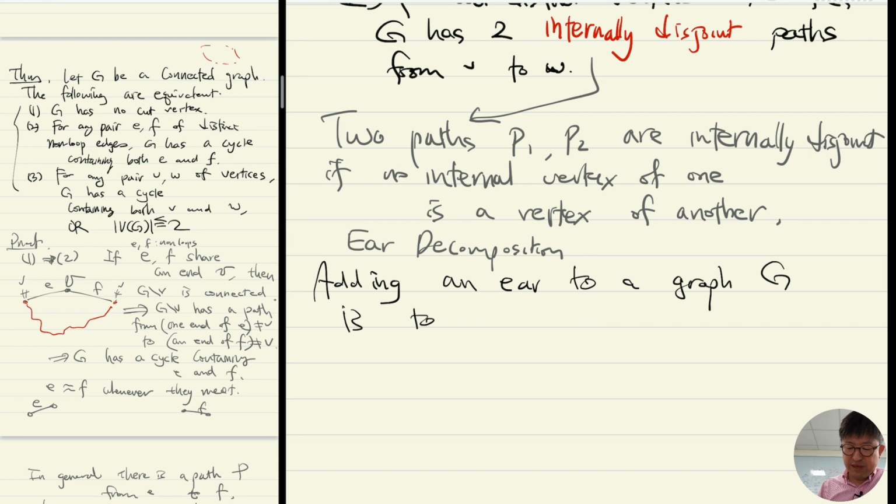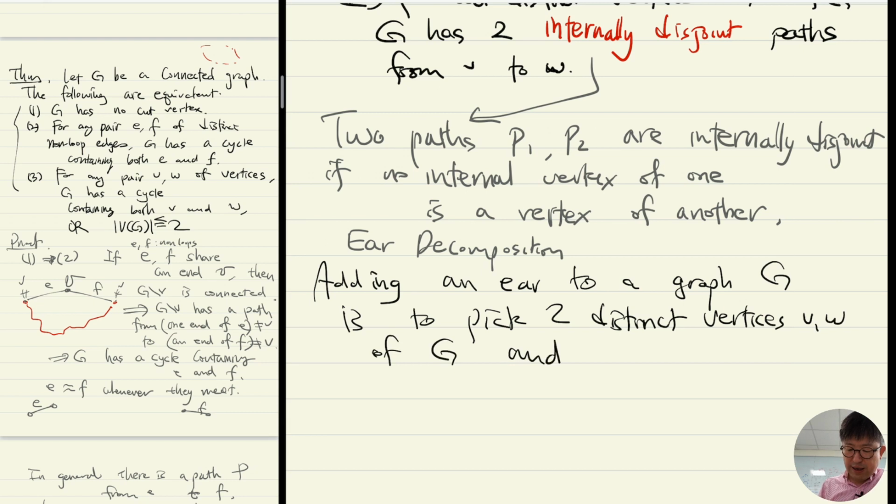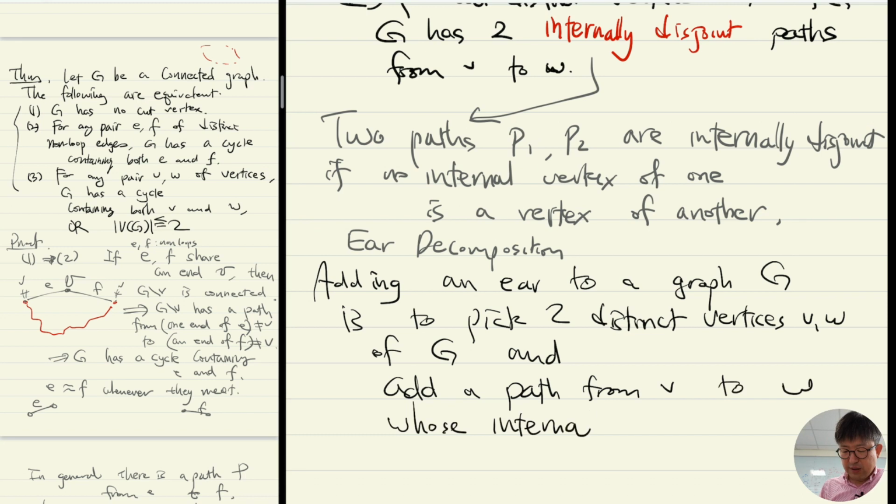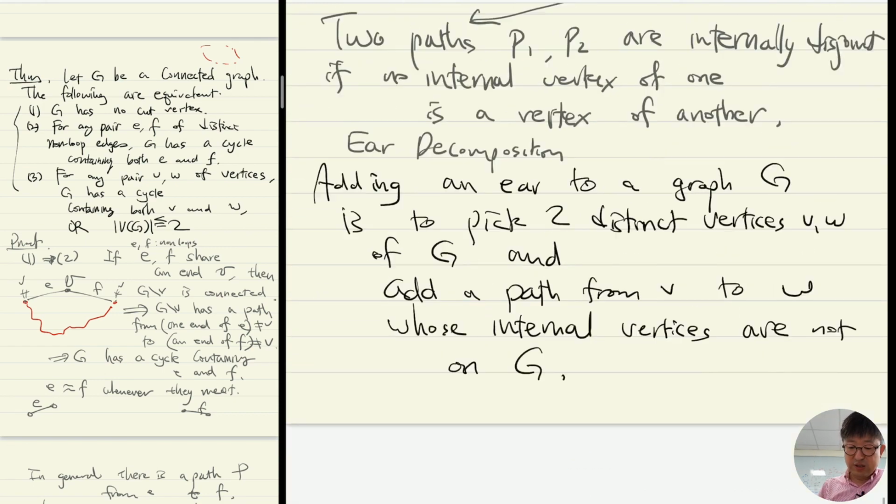First pick two distinct vertices V, W of G and add a path from V to W whose internal vertices are not on G. So what does that mean?